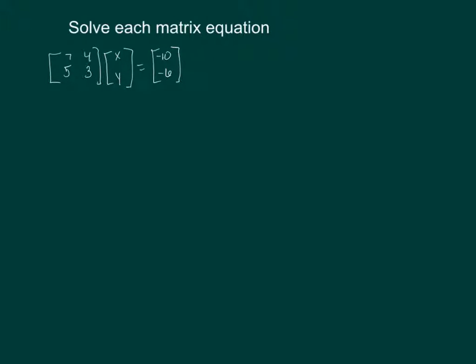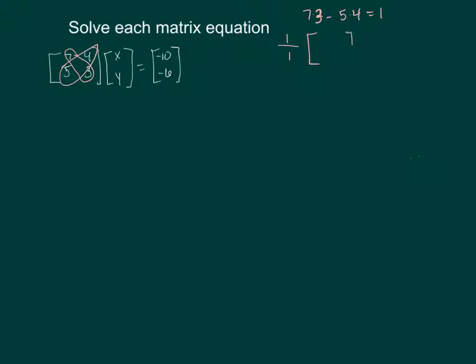So to find the inverse, first of all, we need to find the determinant. So multiply your diagonals. 7 times 3 minus 5 times 4, so that equals 1. Remember, our formula is 1 over the determinant, which is 1.